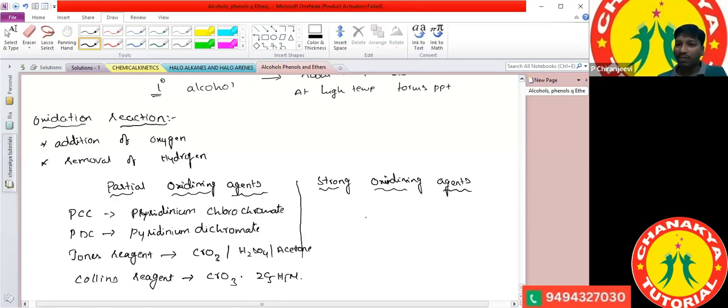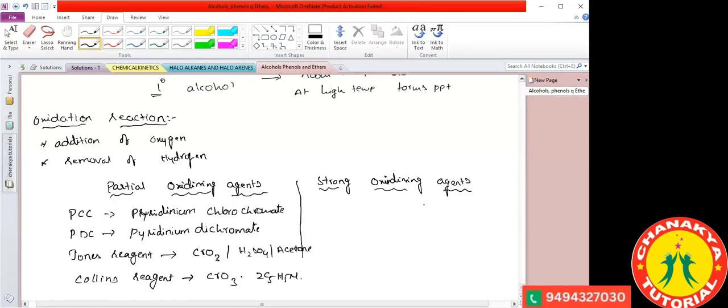And what are the examples of the strong oxidizing agents? I think you may have studied this: KMnO4, K2Cr2O7. Very good.